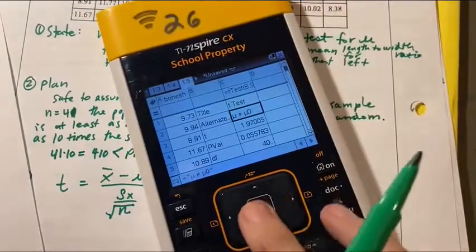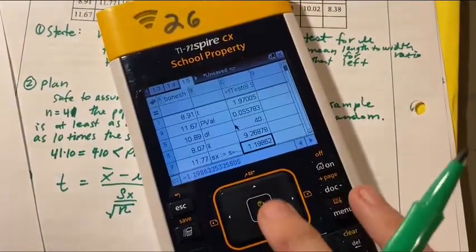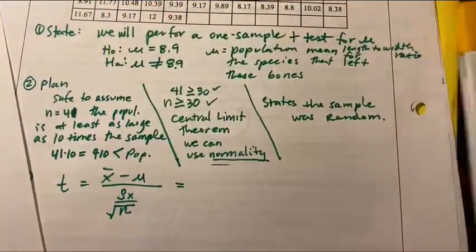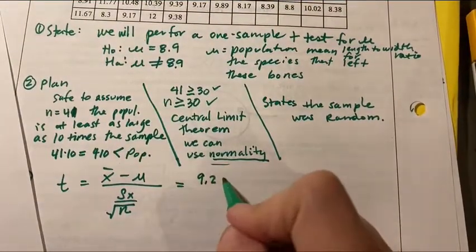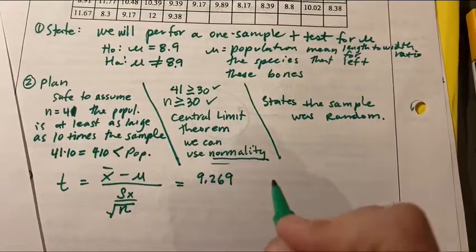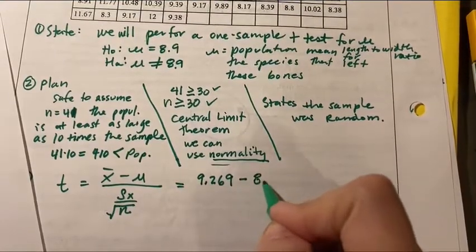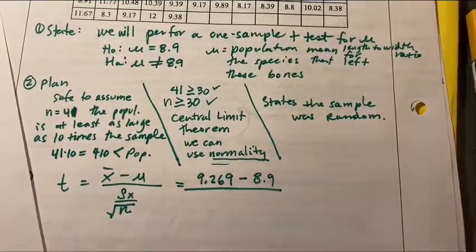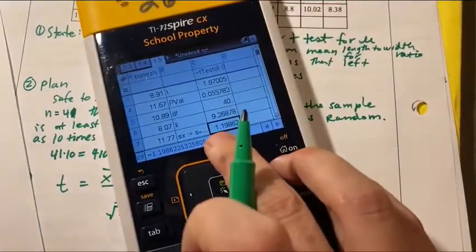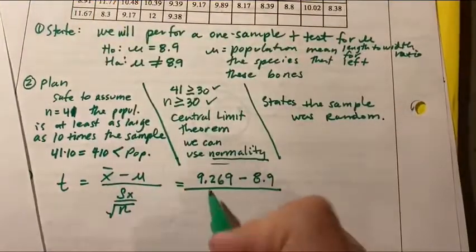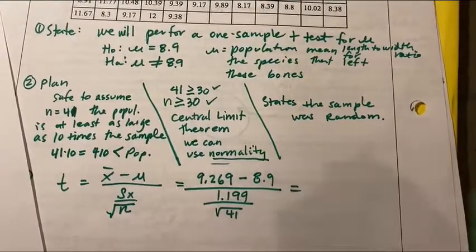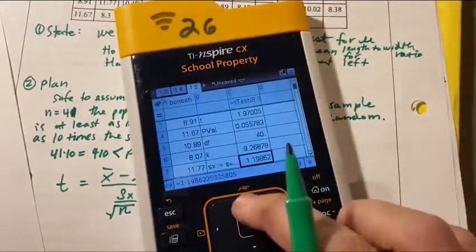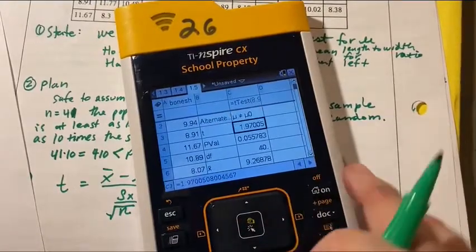Scroll down, it's 9.26878, let's round to 9.27. Minus mu, 8.9, all over, what was my standard deviation? It says 1.199. 1.199 all over the square root of 41. Then it calculated the t for me. The t was 1.97.